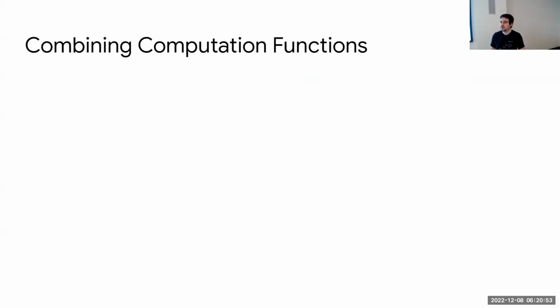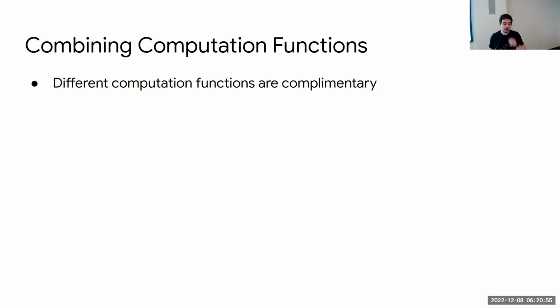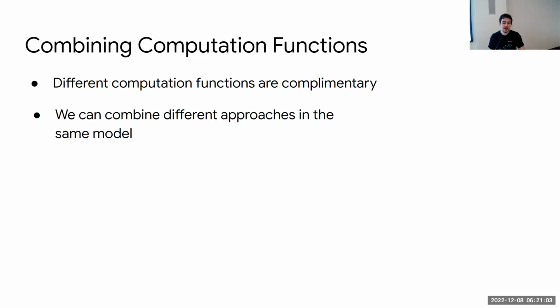Now, because all of these methods are orthogonal to each other, we can also combine them in the same framework. They're actually complementary and, as I mentioned, have different strengths and weaknesses.